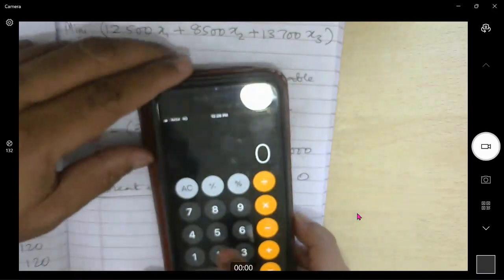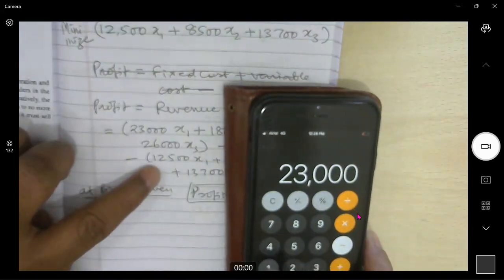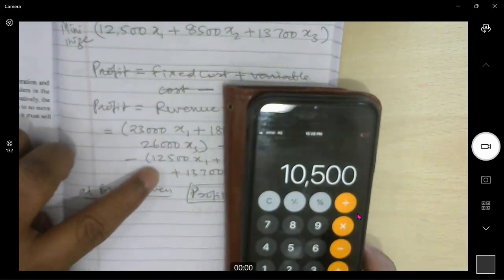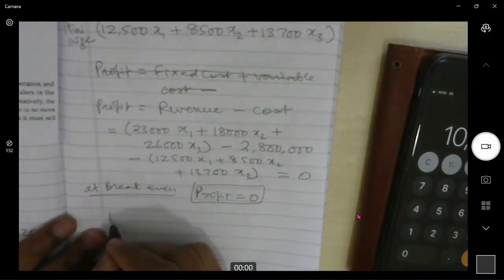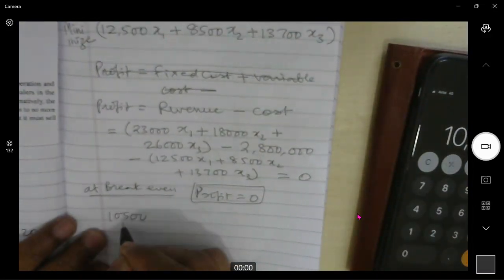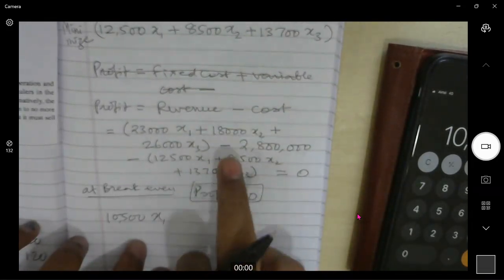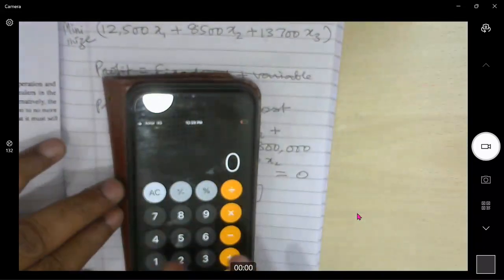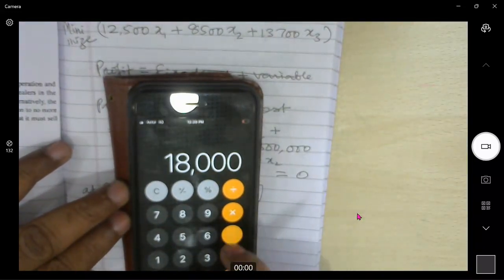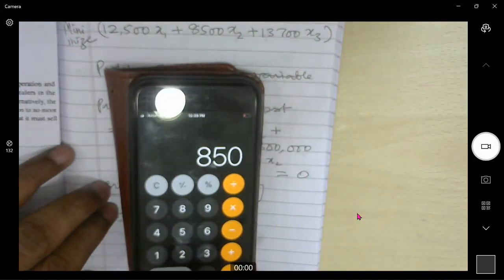Okay, so 23,000 minus 12,500, I'm getting 10,500. So let me write that here: 10,500 x1. Now coming to x2, 18,000 minus 8,500.